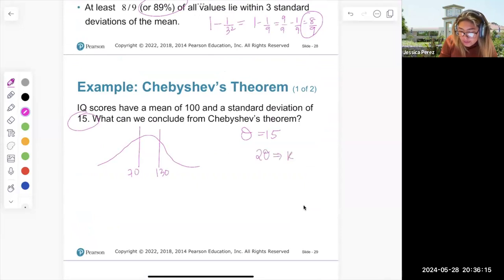So then your k will be 2. You do 1 minus 1 over 2 squared, 1 minus 1 fourth.